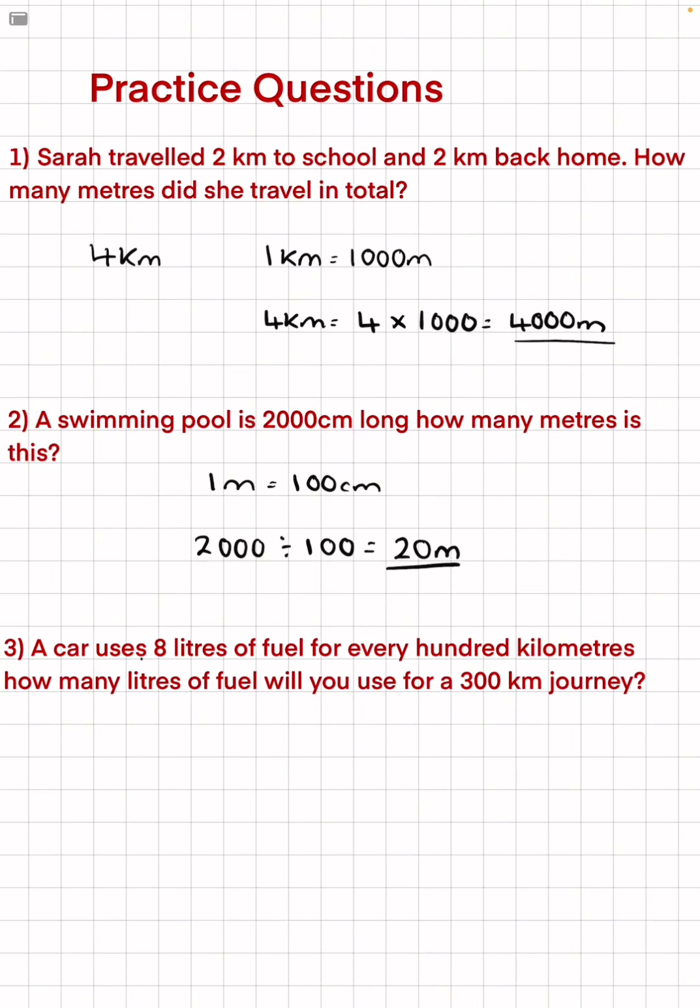Question 3 says a car uses 8 liters of fuel for every 100 kilometers. How many liters of fuel will you use for a 300-kilometer journey? For 100 kilometers, the car uses 8 liters of fuel.